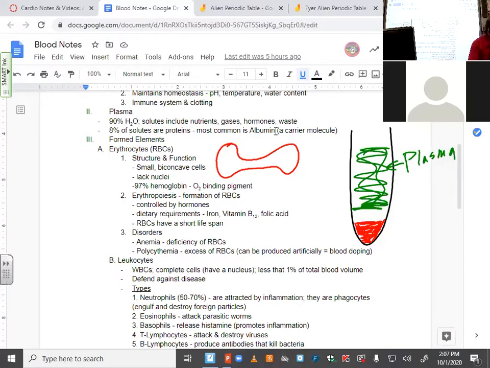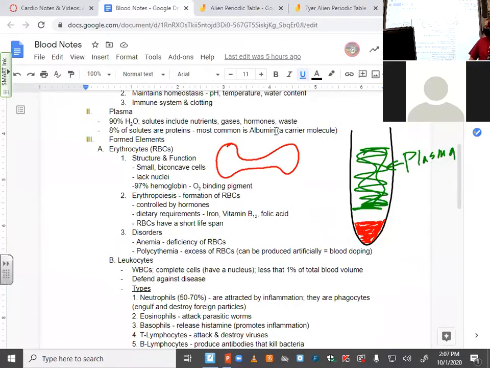People like cyclists do something called blood doping, where they pull their blood out and then re-inject it themselves to give themselves artificial polycythemia. Or you can even inject yourself with a hormone called erythropoietin, which tells your body to undergo erythropoiesis, and it makes a whole bunch of red blood cells, which is good because then you don't run out of oxygen when you want to breathe.